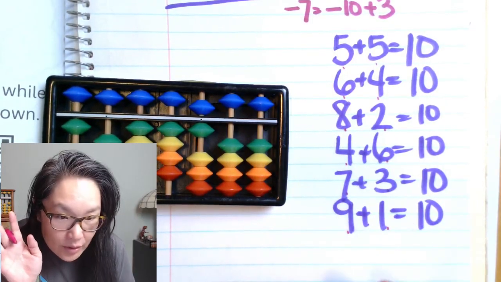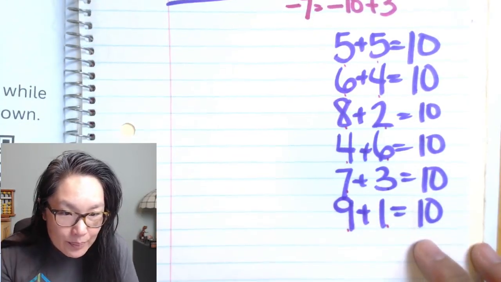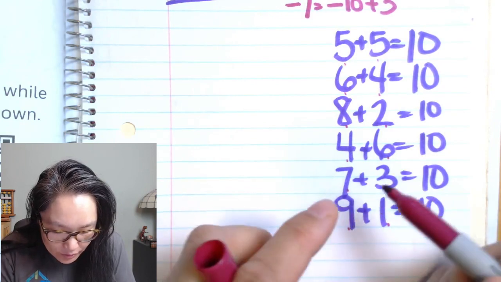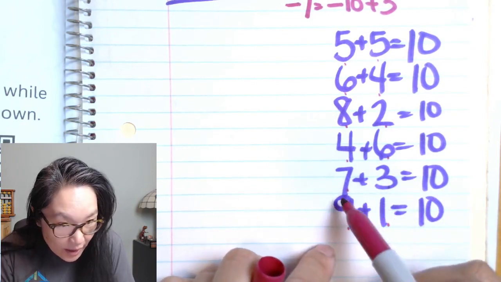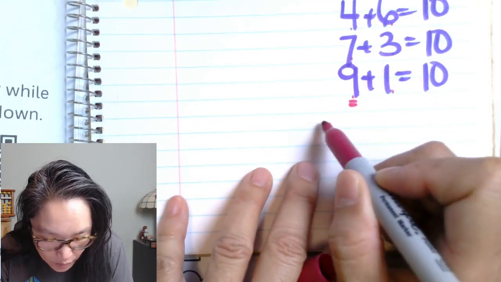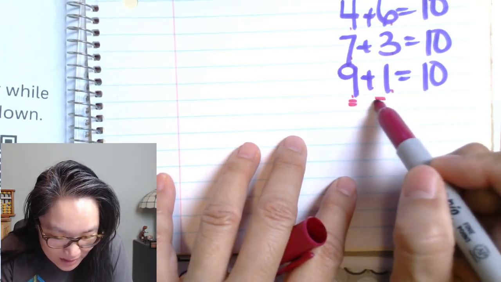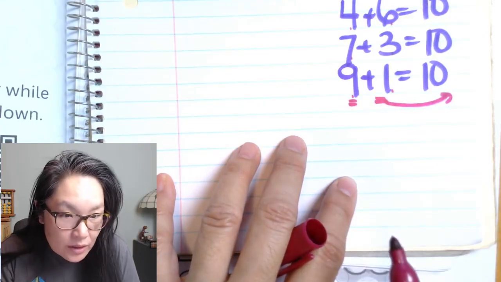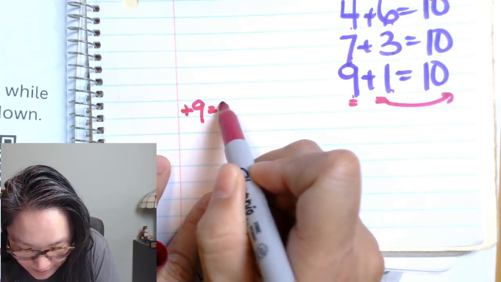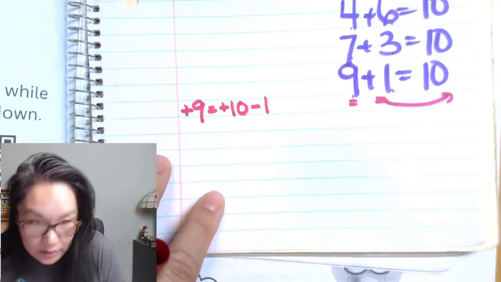Because this is another way to make a 10. What's going to happen is, if I isolated, let's do 9. We'll do 9. So if we isolate the 9, we take this 1 and move it to the other side of the equation. So I'm going to have plus the 9 is equal to plus the 10 minus 1.